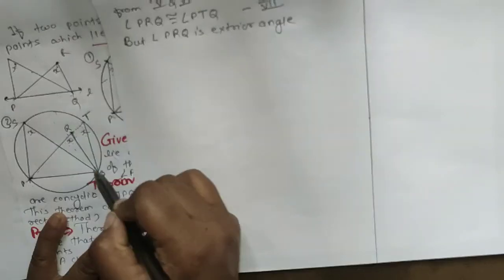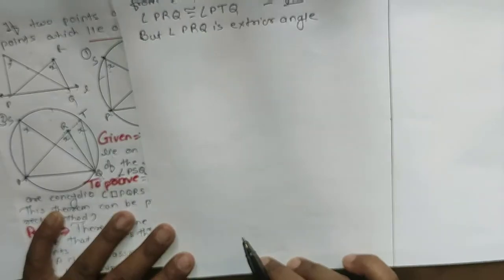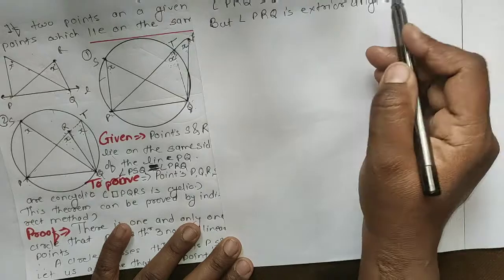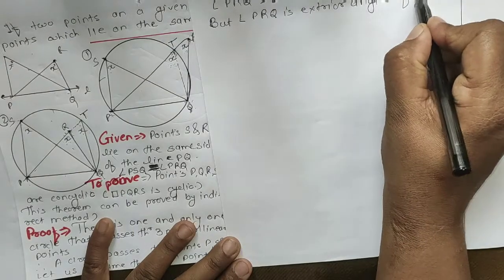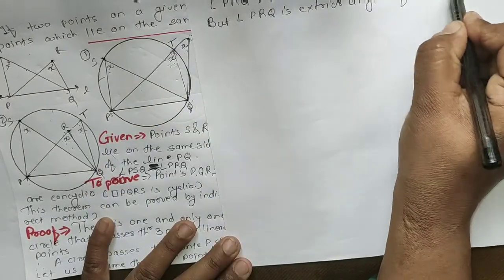You see here in the figure, this PRQ is there, it is an exterior angle of triangle RQT.